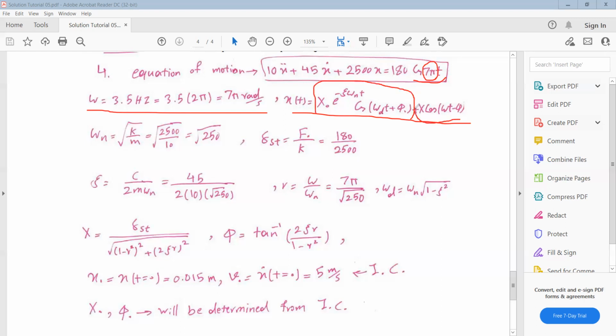And this is the particular response, X times cosine omega t minus phi, where this x naught and phi naught will be obtained from the initial conditions, and X and phi, which are the amplitude and the phase angle of the particular response, will be obtained from these two equations, the particular response amplitude and phase angle. So we can solve using this formula.